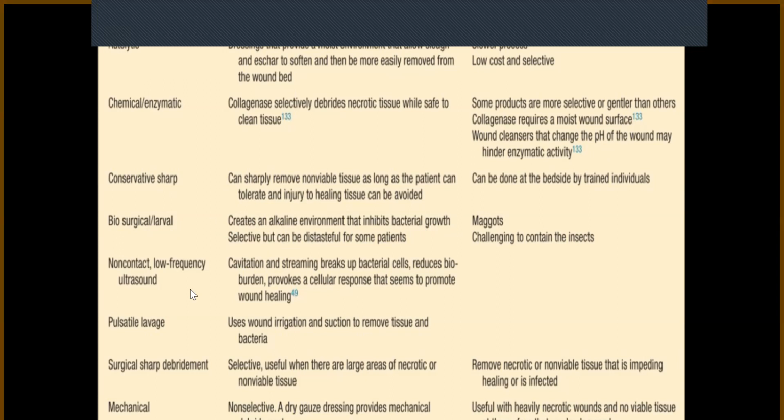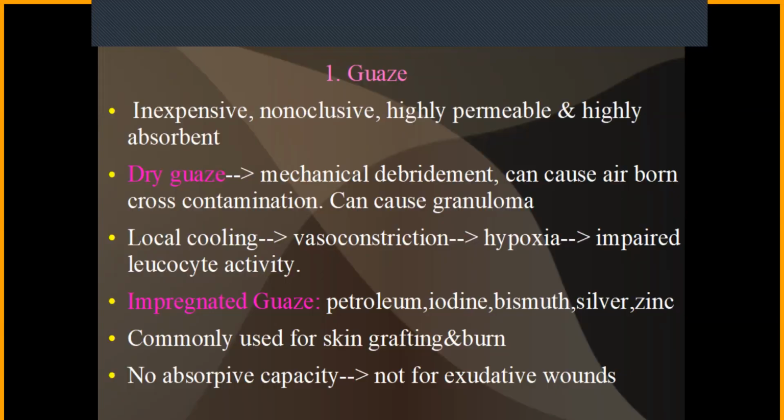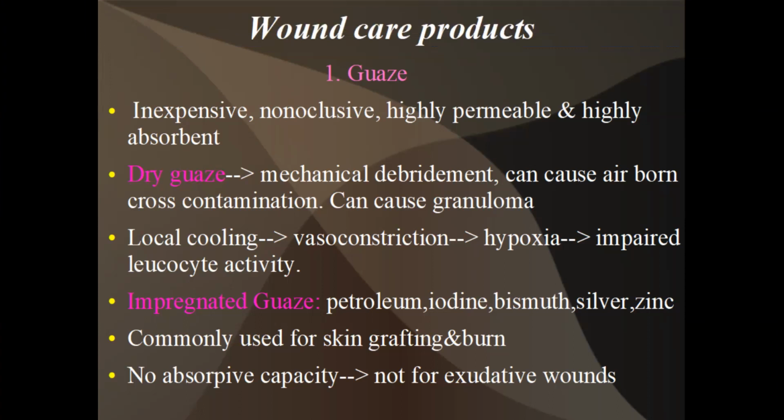Then the other important one is the mechanical debridement. We put the dry gauze inside the wound, and the debris sticks to the dry gauze, and we pull it out, and debris and other devitalized tissue will come out with that dry gauze. But dry gauze is always a source of cross infection.